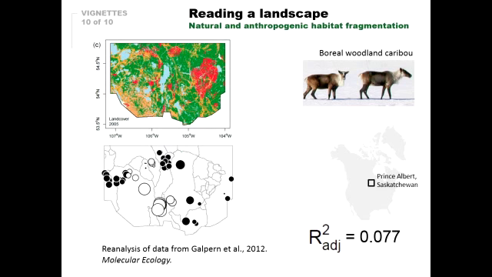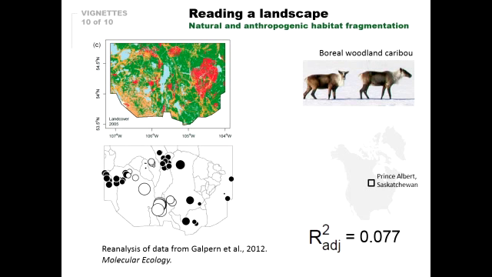And finally, this is the habitat fragmentation story, also woodland caribou, also in central Canada, Saskatchewan, not too far from us here. And these are woodland caribou that are very, very sensitive to habitat fragmentation and other impacts. These gray lines on the map indicate where the roads and highways are. And this, to give you a sense of scale, is about 300 kilometers across.